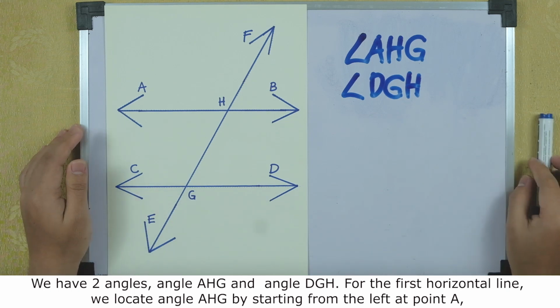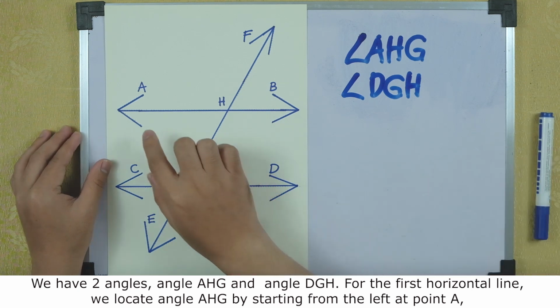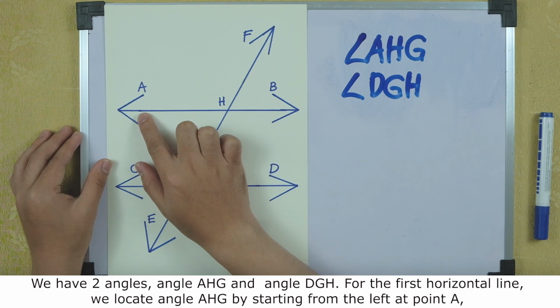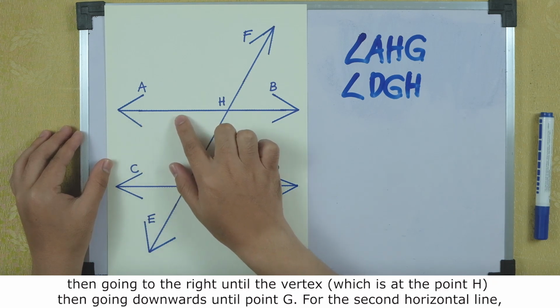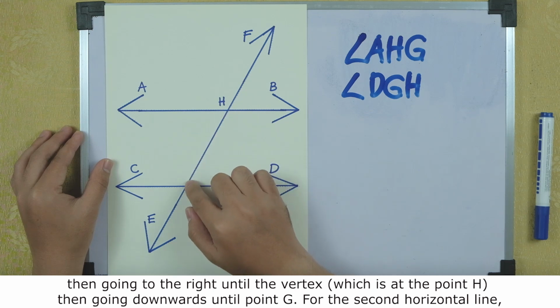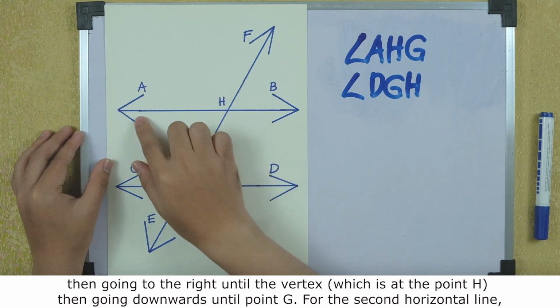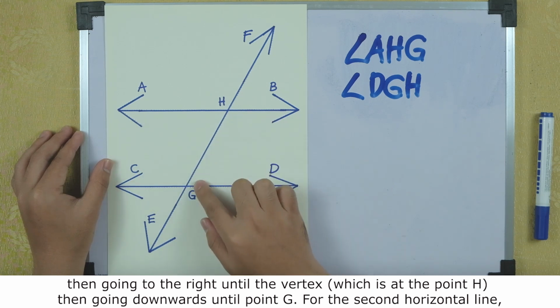For the first horizontal line, we locate angle AHG by starting from the left at point A here. Then we go to the right until we reach the vertex, which is at point H. Then we go downwards until we reach the point G. So that is angle AHG.